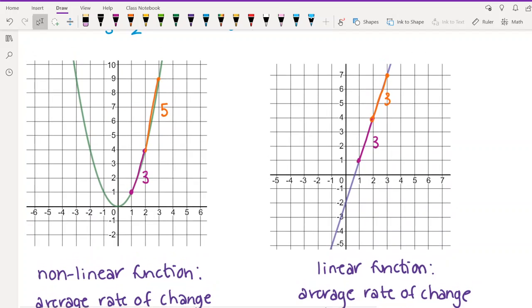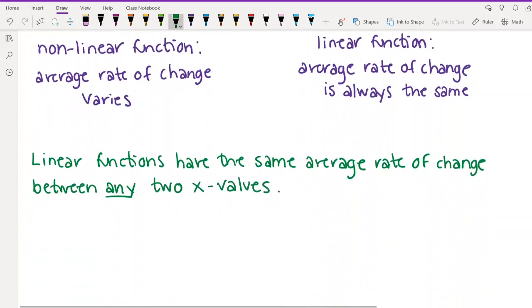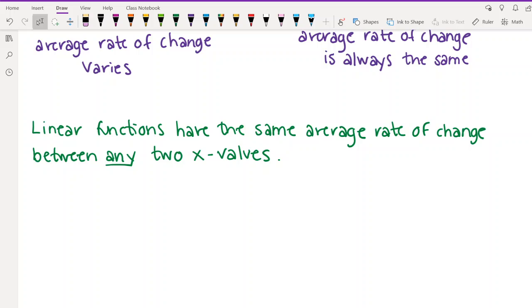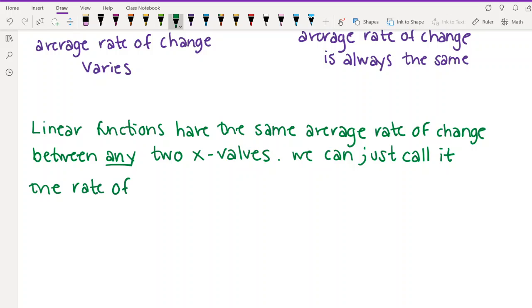But for a linear function, the average rate of change is measuring perfectly what's going on with the function. And so we don't need to use the word average. We can just call it the rate of change.